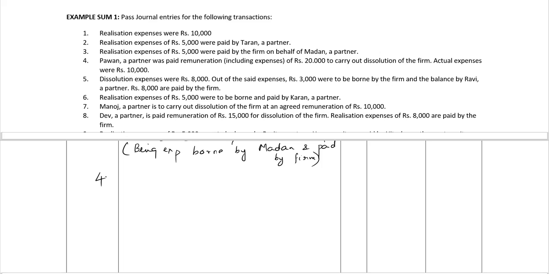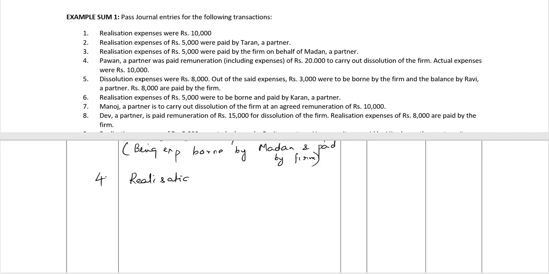The fourth question, Pavan, a partner, was paid remuneration including expenses of rupees 20,000 to carry out dissolution of the firm. Actual expenses were rupees 10,000. So for the remuneration given, we'll first pass the journal entry.